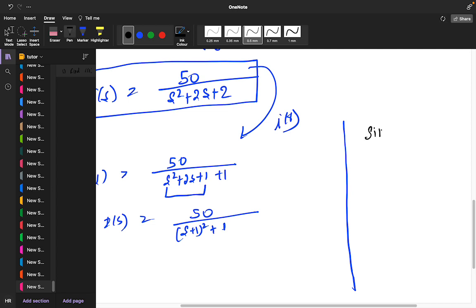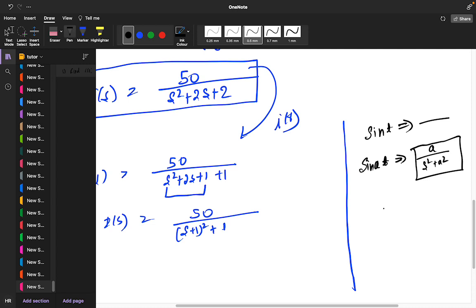What I want to tell you is, just write it here: the Laplace transform of sine at is a divided by s square plus a square.